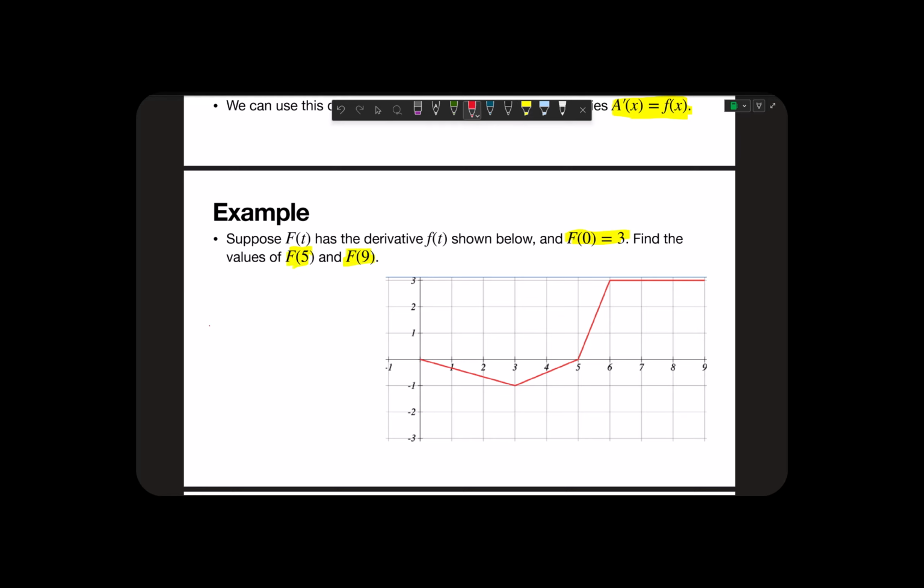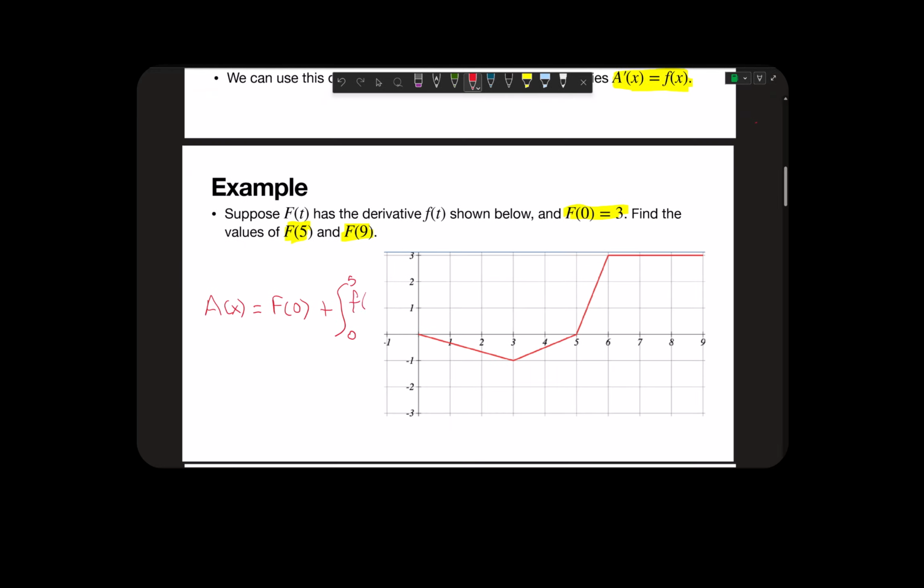I know my area is equal to f(0) plus the integral from 0 to 5 of f(t) dt. What we need is the area from the curve to the x-axis. And I need this area to find the next part, which is from 0 to 9.